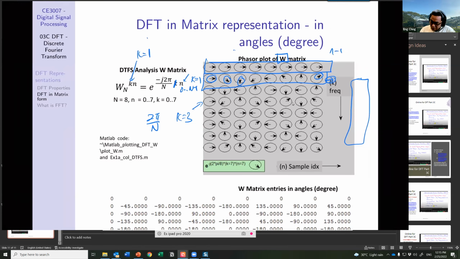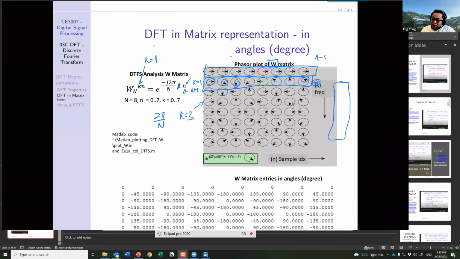So when you understand DFT in this manner, then you can interpret what X of k is. It is nothing but measuring my x of n, multiplying with a vector of this W matrix at different k. Okay, I'll pause now.